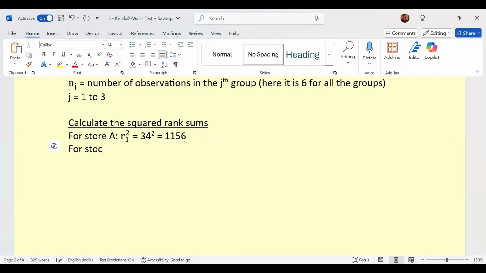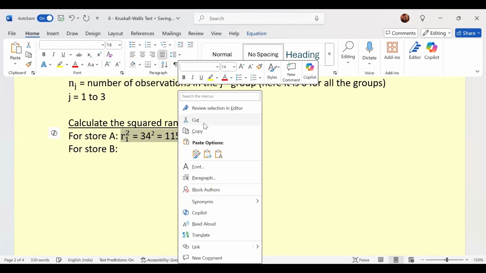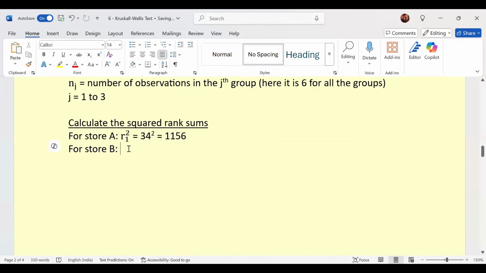For store B, it will be, let me copy this and modify, 54.5 squared, and that will be 2970.25.